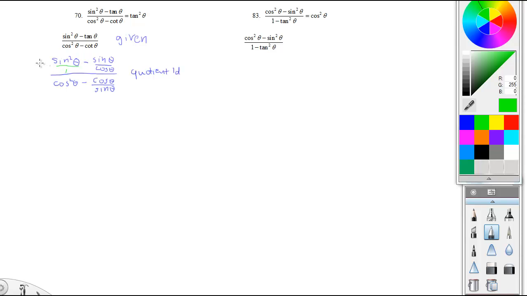So this one will need to be multiplied by cosine theta over cosine theta. And this fraction will need to be multiplied by sine theta over sine theta.